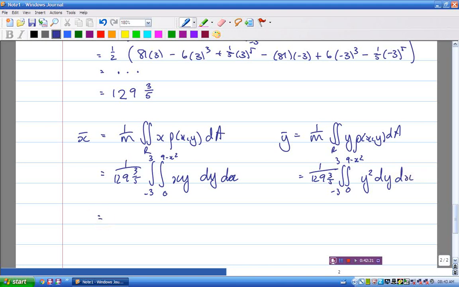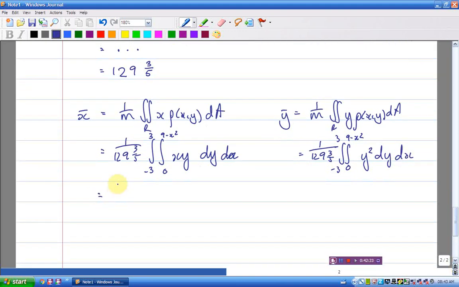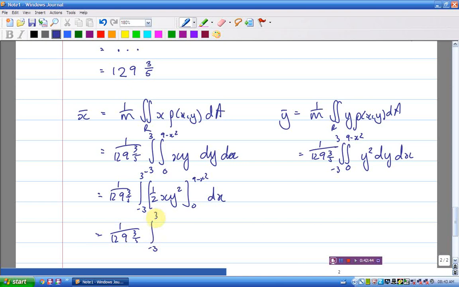Okay, you work that out, and now something interesting happens. When we integrate the xy, we're going to get a half xy squared. And when we substitute that 9 minus x squared in, we're going to get exactly what we got before, only with an extra x everywhere.